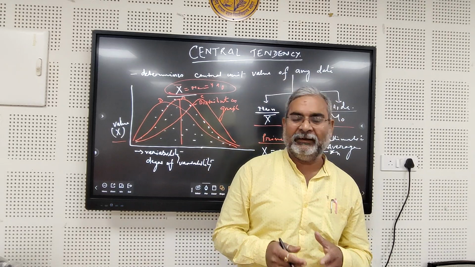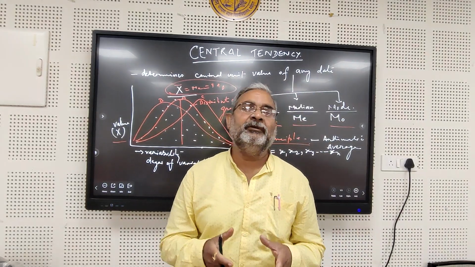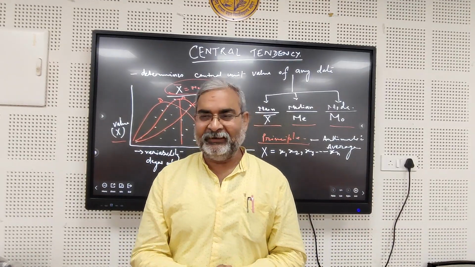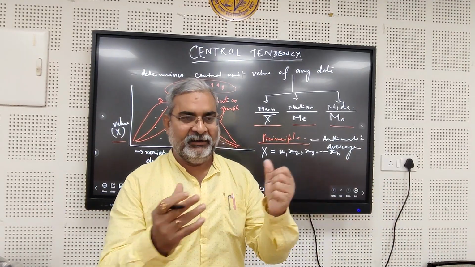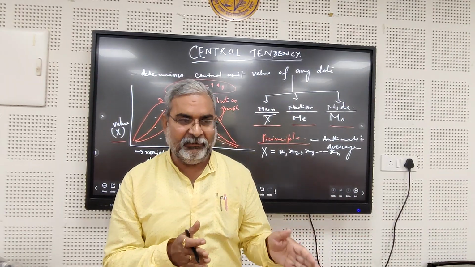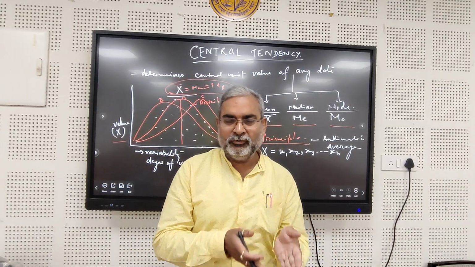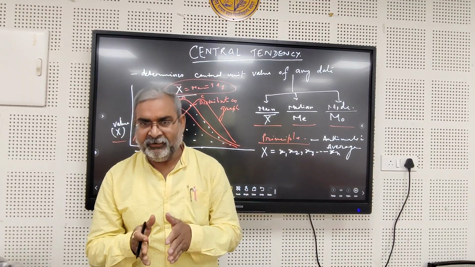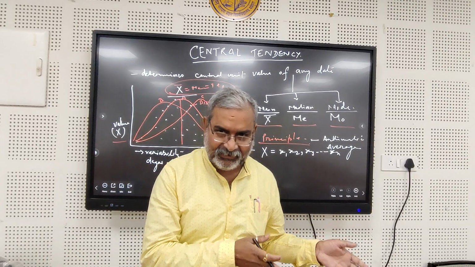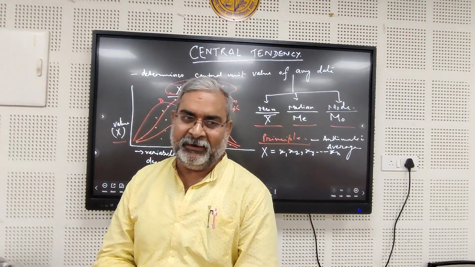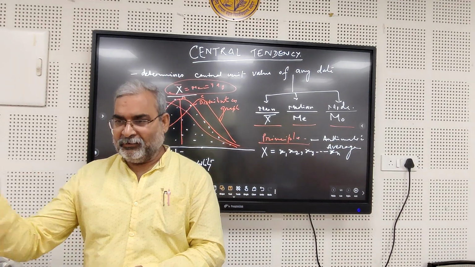Suppose जैसे कि मान लीजिए कि you go and weigh the students of the second semester. आप सेकेंड सेमेस्टर के सभी स्टूडेंट का वेट ले लिए, तो वो x क्या हो गया, वेट. अब जिसको आप x से रिप्रेजेंट कर रहे हैं, उसमें कितने होंगे, 20, 25, 50 जो भी लड़के आए हैं, सबका आपने वेट लिया. तो सबका अलग अलग हो गया.